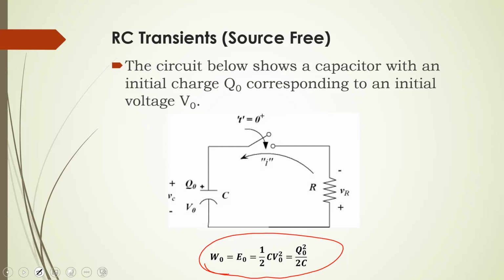And if we substitute for V0, that would give us half Q0 squared over C. So the energy contained in the electrostatic field of the capacitor is given by half CV0 squared. Okay? All right. So we have established all of that.